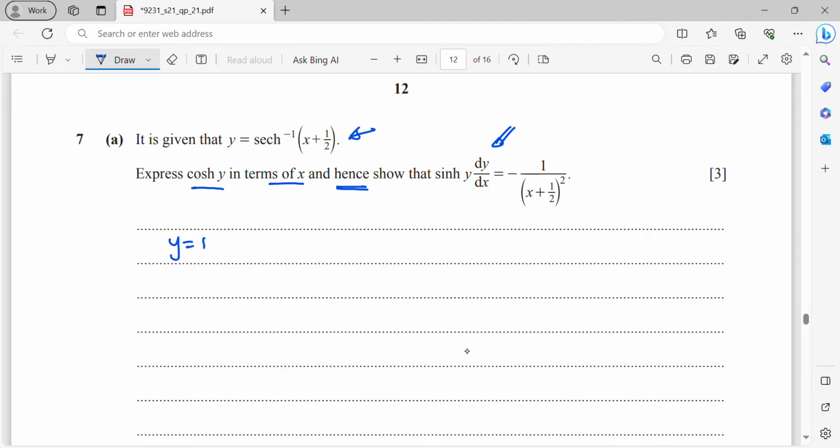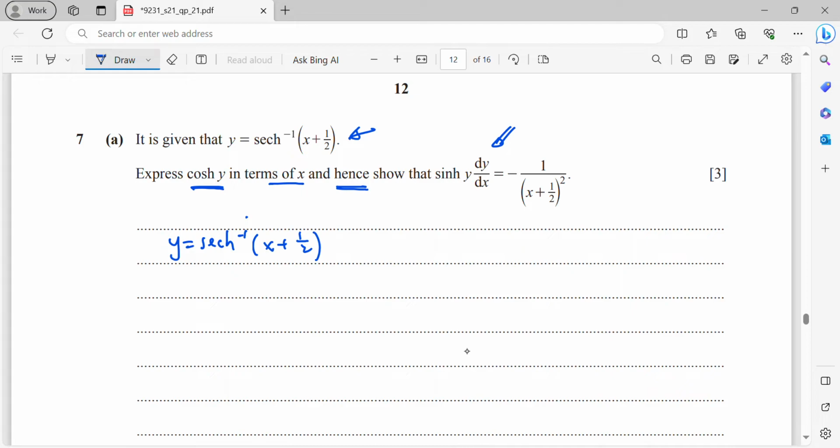So when y equals to inverse hyperbolic secant of x plus 1 over 2, before I proceed, because now you need to get cos, we know that cos y is 1 over hyperbolic secant y. So I need to eliminate this inverse.